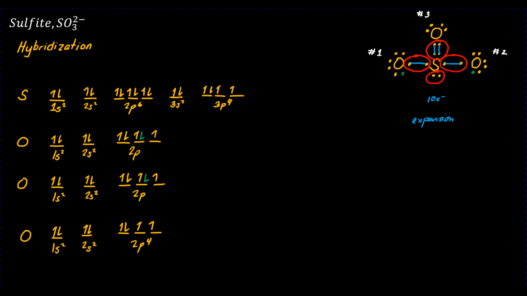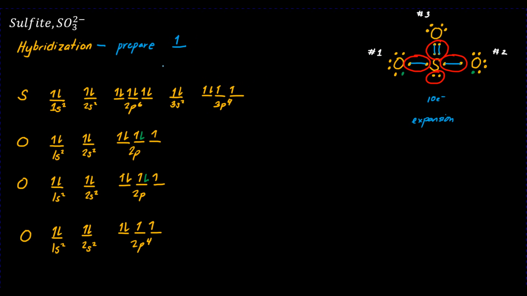That rearrangement is that sulfur, and not only sulfur but all these elements, have to prepare half-filled orbitals. Sulfur will have to prepare half-filled orbitals in order to bond with oxygens.